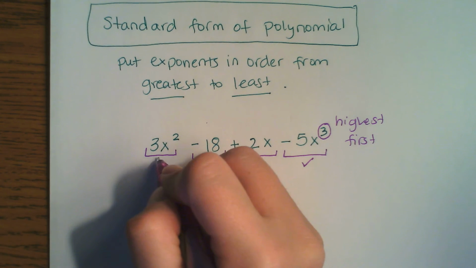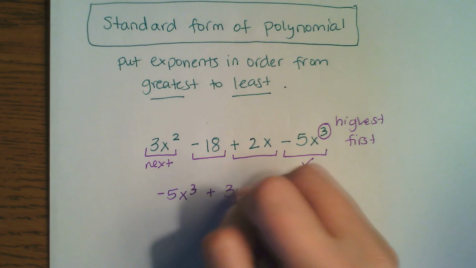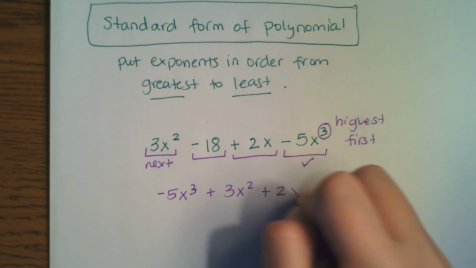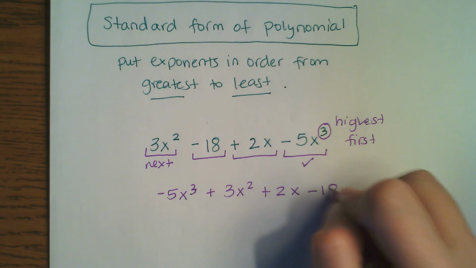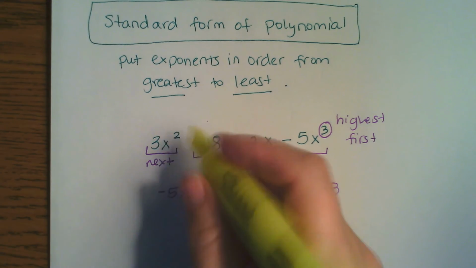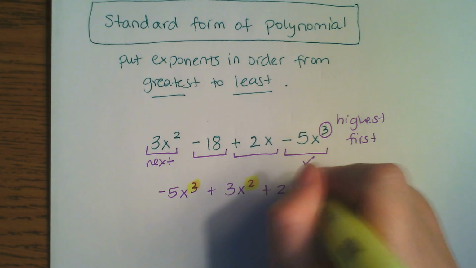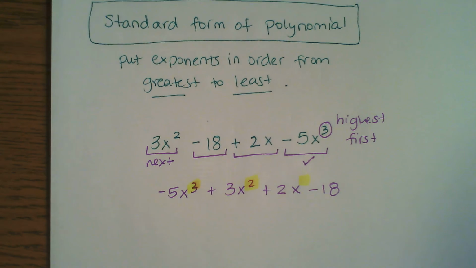Yes. Then plus 2x minus 18. Yes. So we're taking those exponents and they're going in order 3, 2, 1, none.